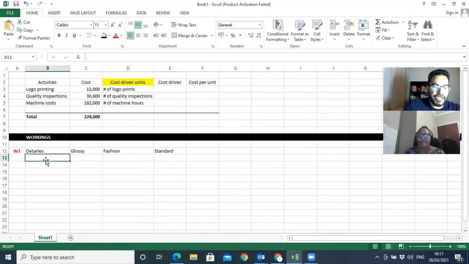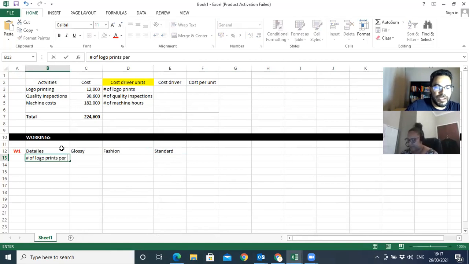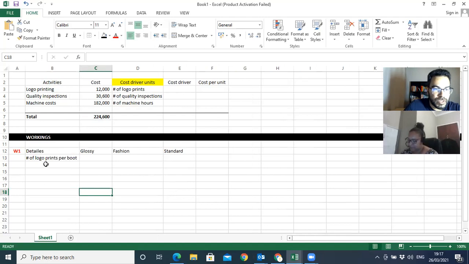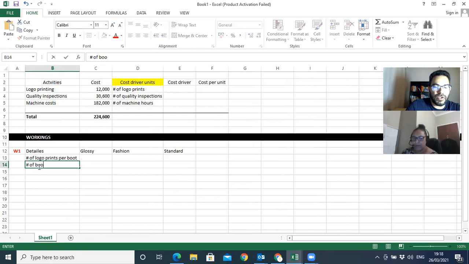So now I'm going to say number of logo prints per boot. But I know 1 unit is 2 boots. So now I'm going to say number of boots per unit.